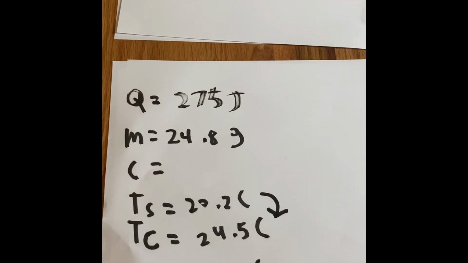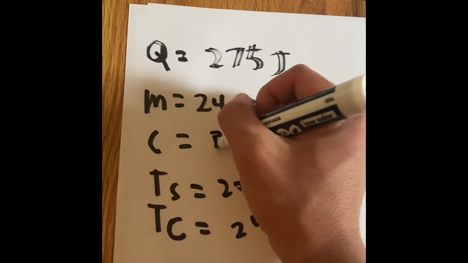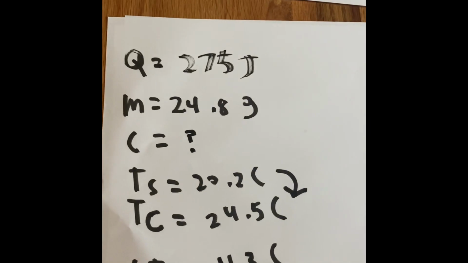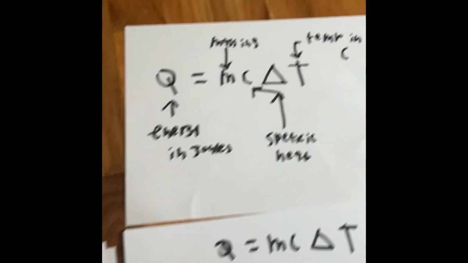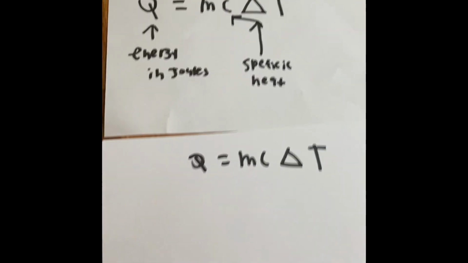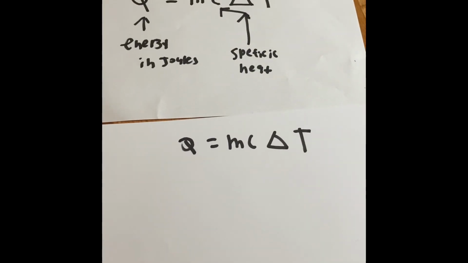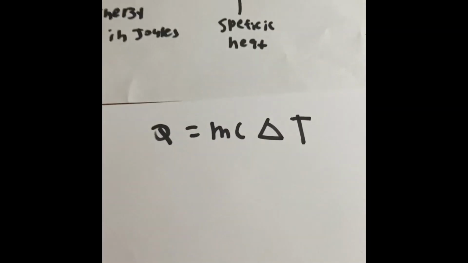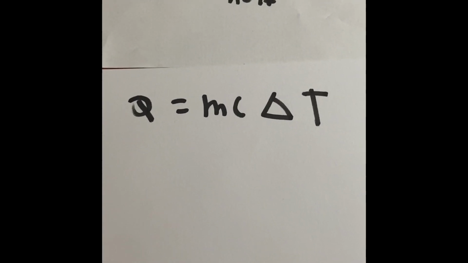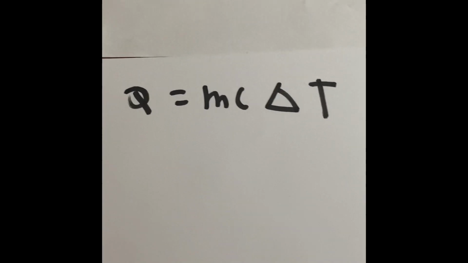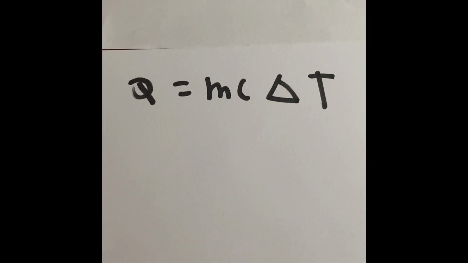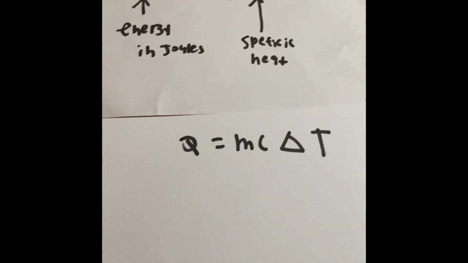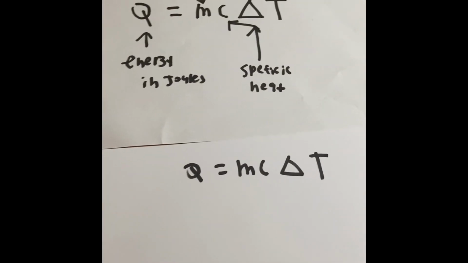The thing is, we have to find what C represents. We have to find out what the specific heat is. But there's something wrong with our formula. Right now, our formula is wanting us to find the letter Q, or energy in joules. However, we have to change the formula.